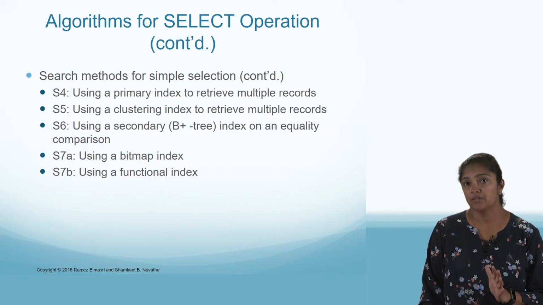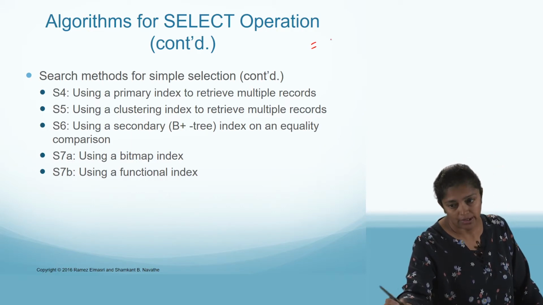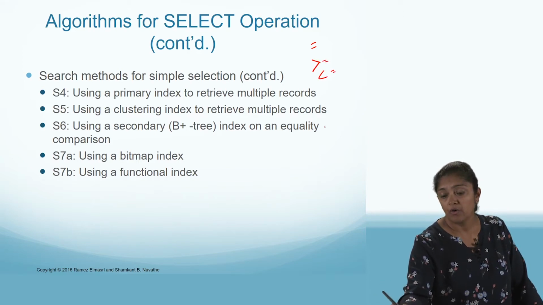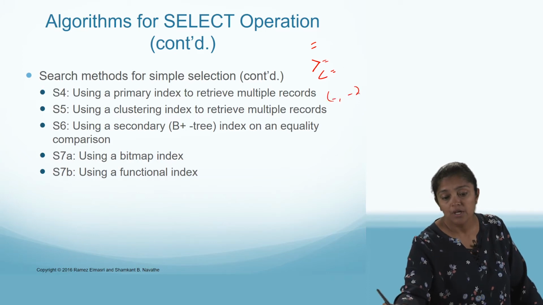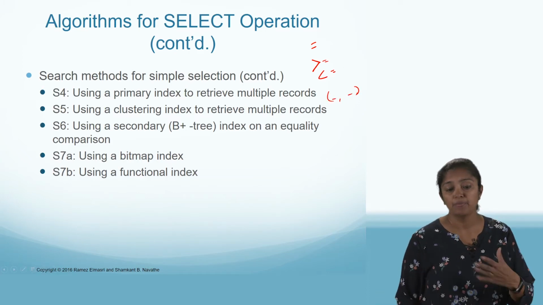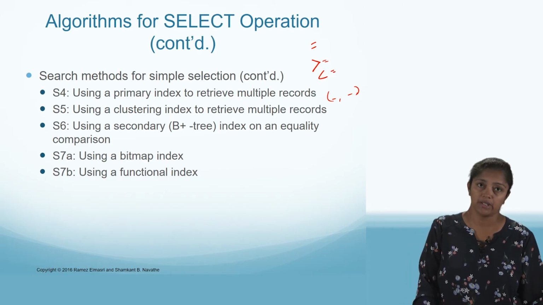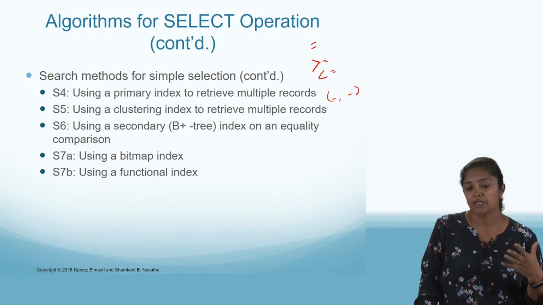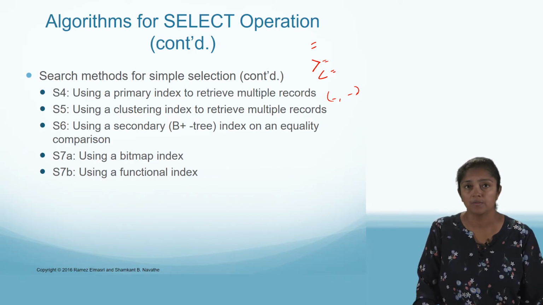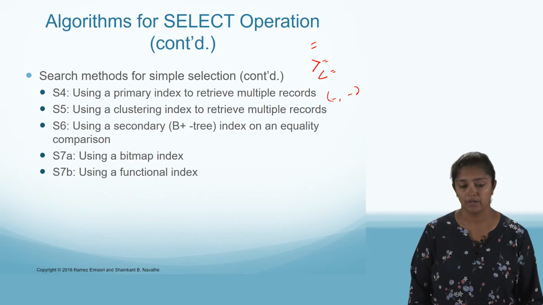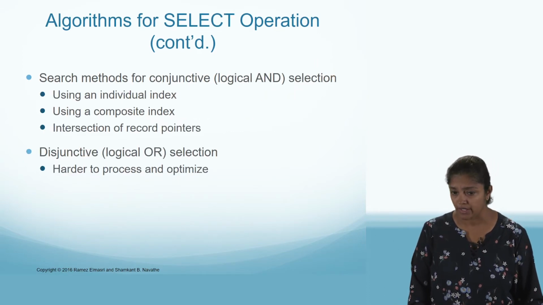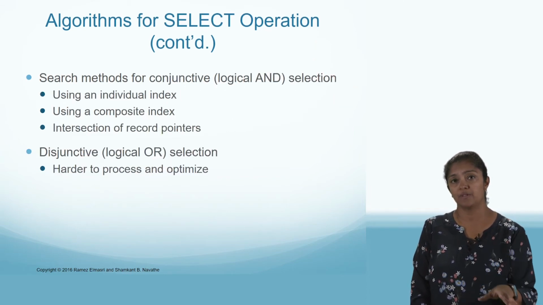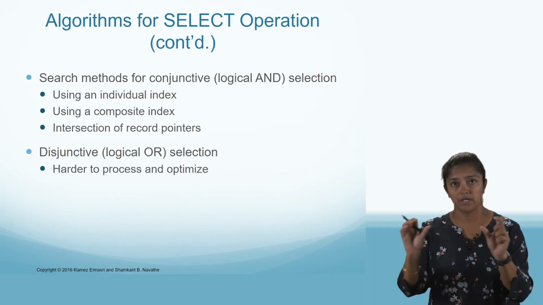So these algorithms change based on whether we are doing an equality comparison, or greater than or less than comparisons, or if you're looking for a certain range of values, then accordingly the type of search method that's used behind the scenes by the query processing engine changes. There's also bitmap index and functional index based algorithms, which use a different scheme for pulling the relevant records.